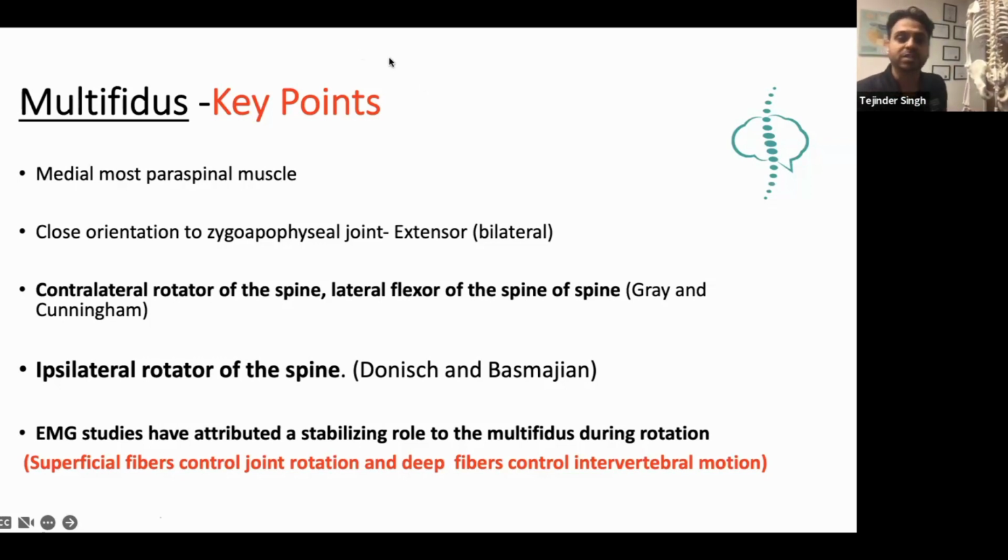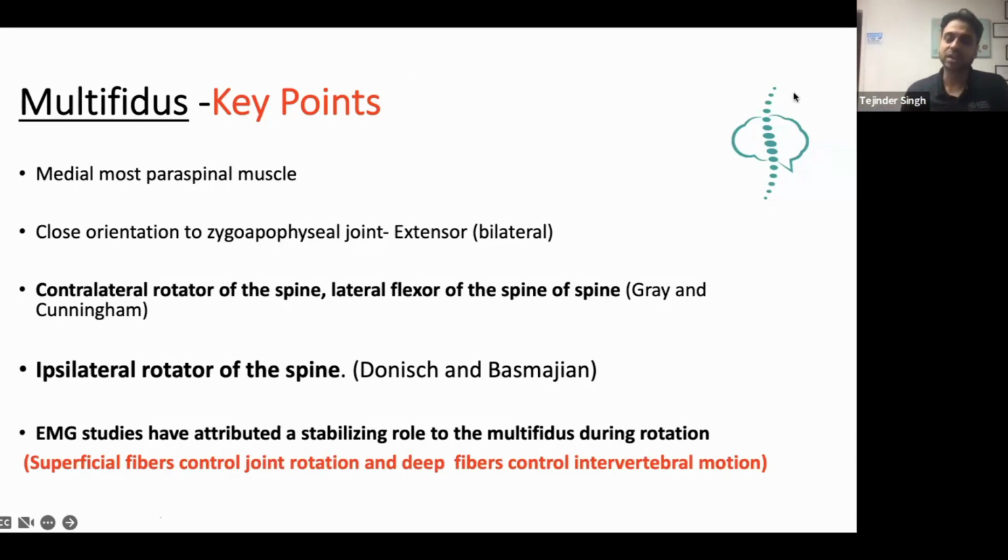As far as the action of the muscle is concerned, it actually helps you to side bend. The research on whether it's a rotator is conflicting, whether it's an ipsilateral rotator or a contralateral rotator. If you look at different literature, some literature says it helps you rotate to the opposite side, and some says it helps you rotate to the same side.